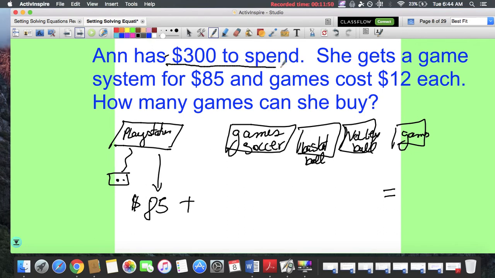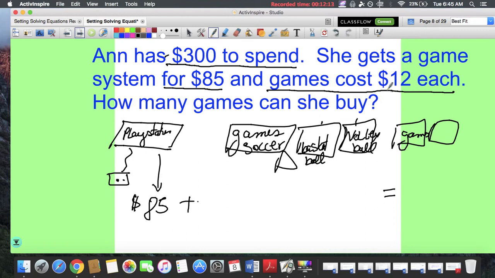Let's underline, she has $300. She's going to buy a system, and she's going to buy games, right? So she's going to buy the system, which is $85. Do we know how many games she can buy? I don't know. Can she buy one game, two games, 3 games, 4 games, 5 games, 6 games? I don't know.